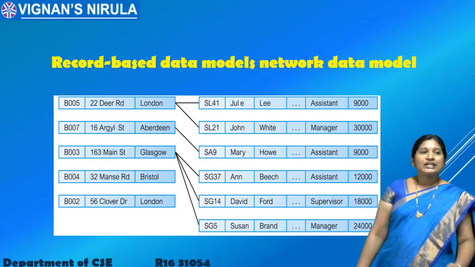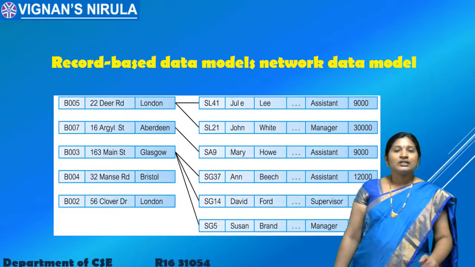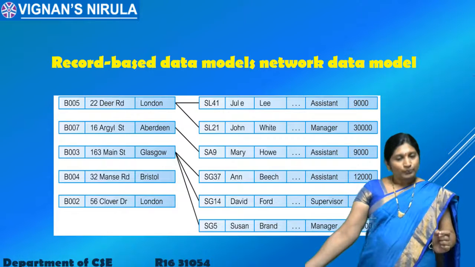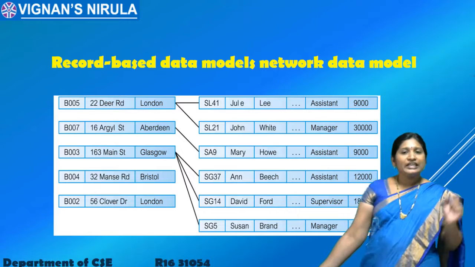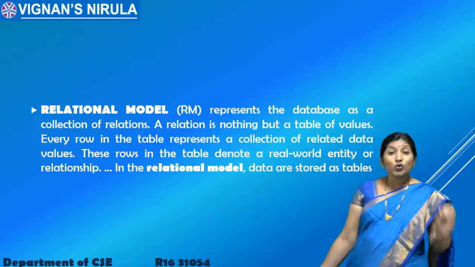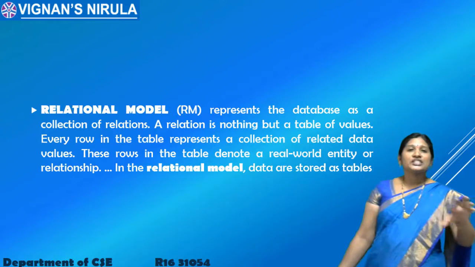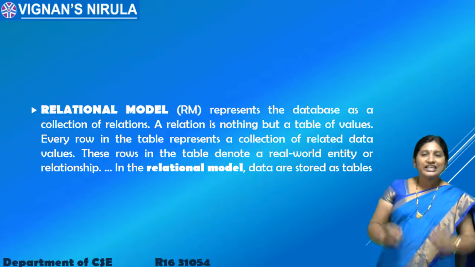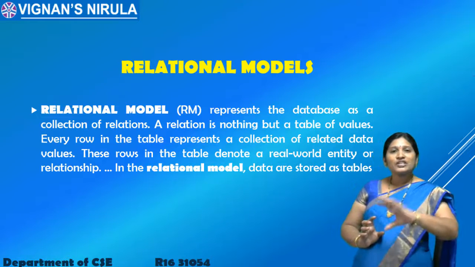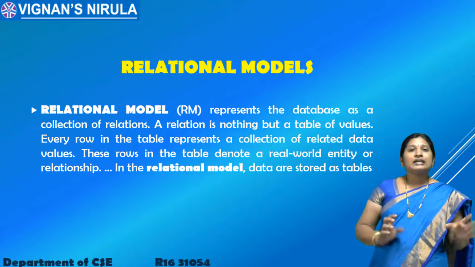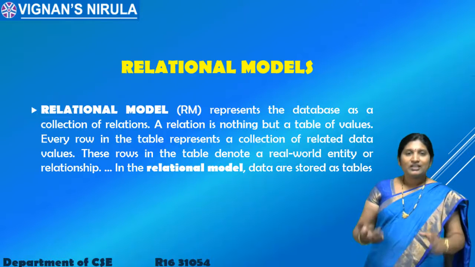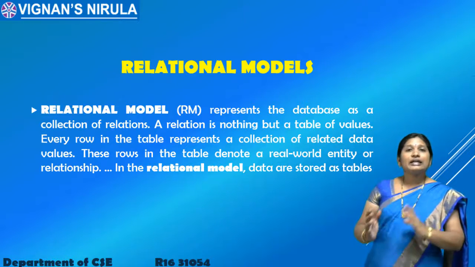And the last category of the data model is the relational data model, and particularly in the case of any type of DBMS, the relational data model is quite commonly used for the representation of the database. As its name indicates, in the relational data model, the database is represented as a collection of relations. What is a relation? A relation is nothing but a table.